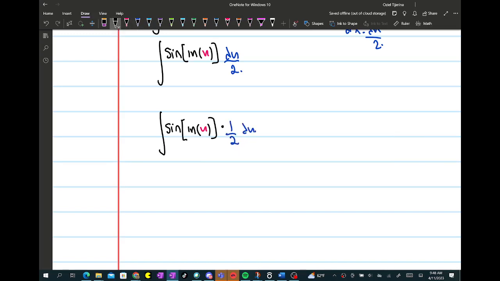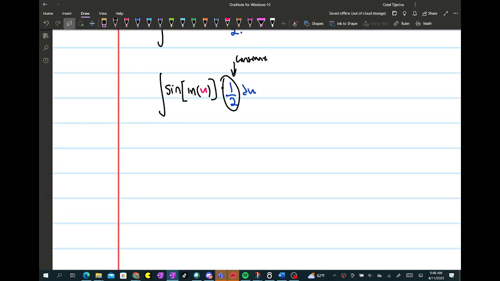The 1/2 is a constant, so we're going to bring that outside. So we have 1/2 the integral of sine of the natural log of u du. Right? So far that's what we have.